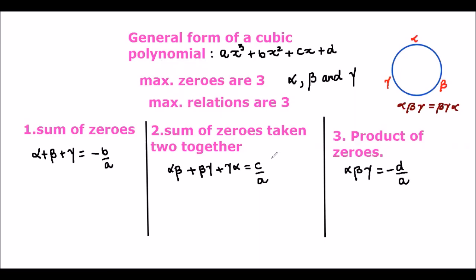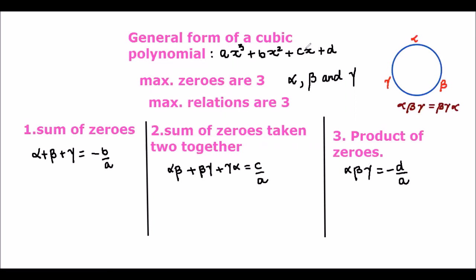If it is the third relation, again it is minus d upon a. First relation negative, second relation positive, third relation negative. First relation b by a, second relation c by a, and the third relation is equal to minus d by a. So I hope you all are able to note this pattern.